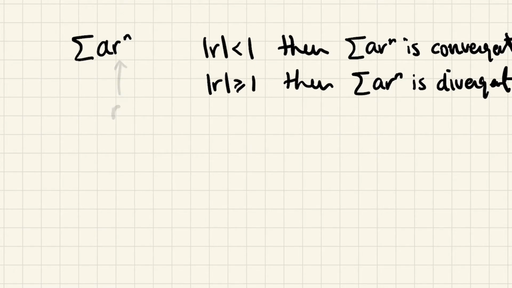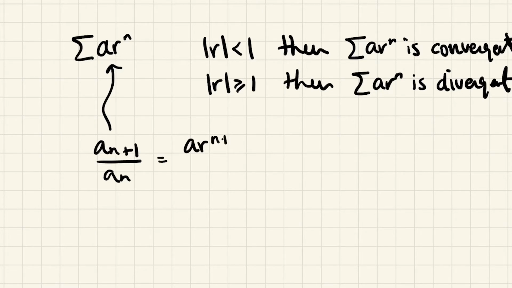However, if you think about what this R really is, it's really any term of this series divided by its previous one, right? So, I mean, that would be, for example, the n plus 1th term divided by the nth term, and this actually gives you R, right? The A's cancel, and you're just left with R.